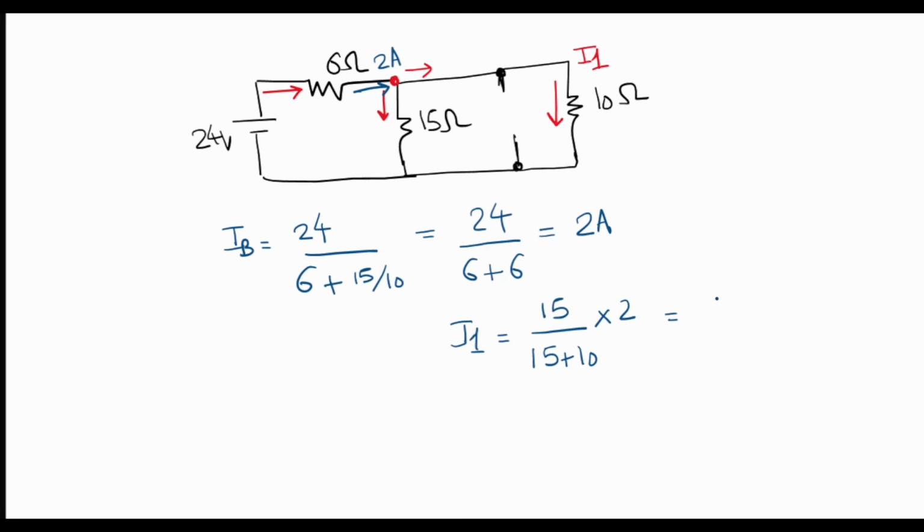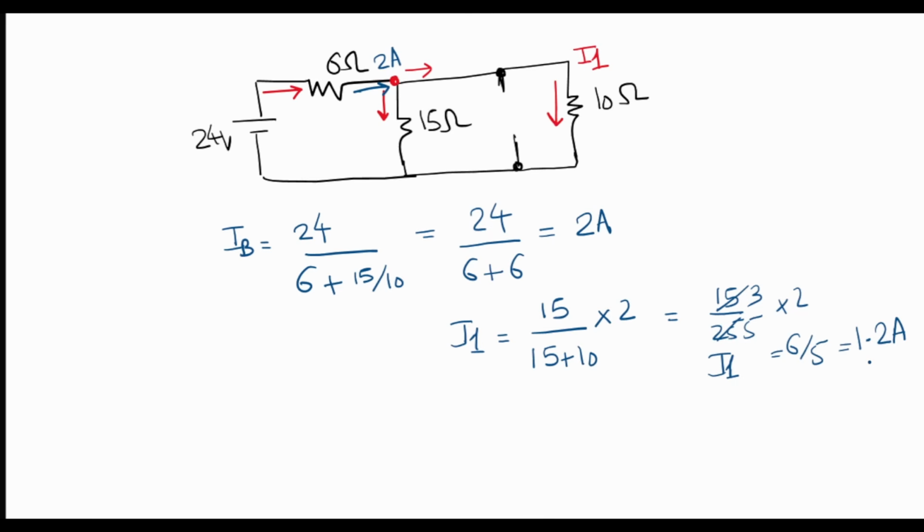This equals 15 over 25, which is 3 by 5 into 2, and this equals 6 by 5 or 1.2 amps. So I1 is equal to 1.2 ampere, which is the response due to the 24 volt battery.